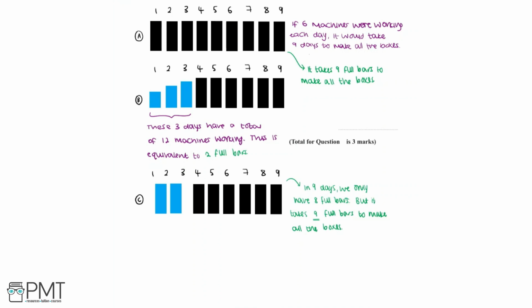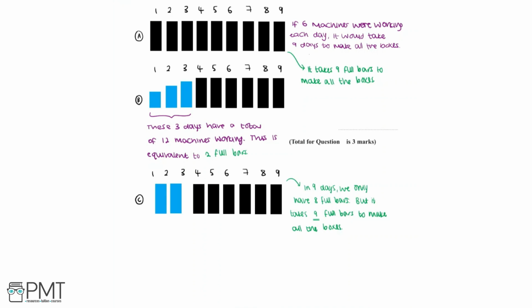We said that it takes 9 full bars to make all of the boxes. But remember that except days 1, 2 and 3, all of the days have 6 machines working, and so each day would have a full bar. And so since we have 8 full bars, we need 1 more bar to make 9 full bars. And so if another day is equal to another full bar, it would take another day to make all of the boxes.